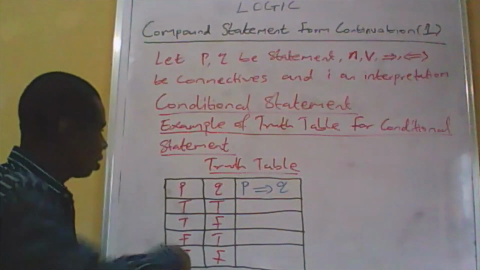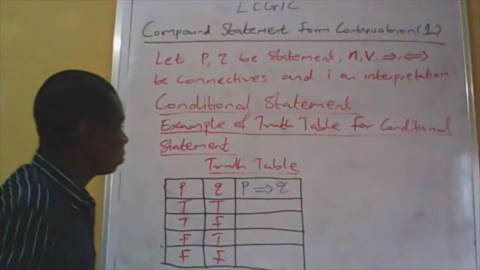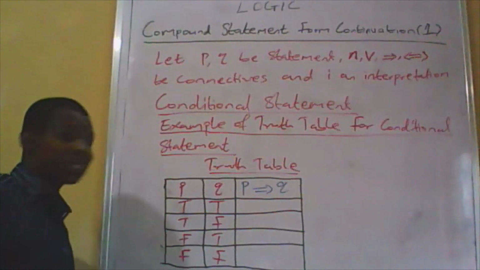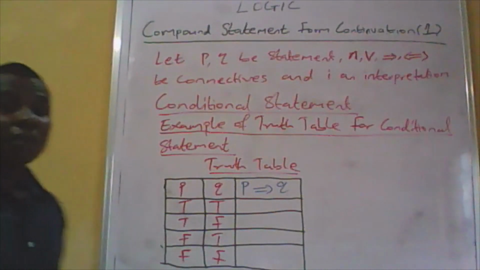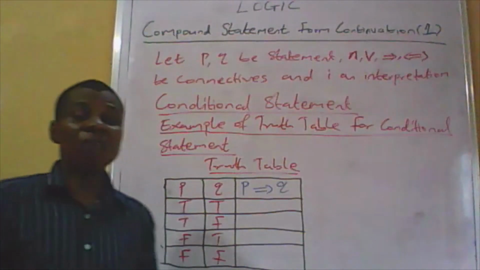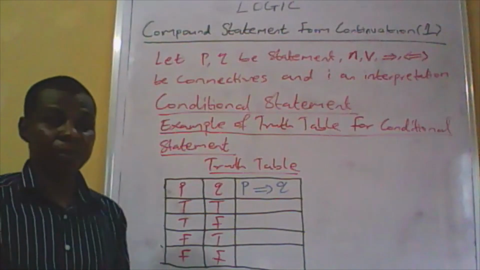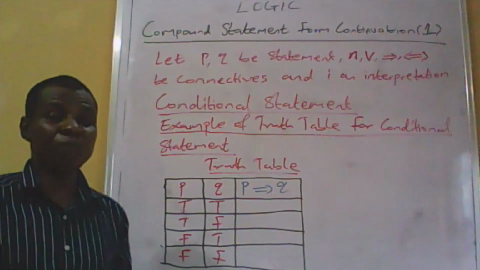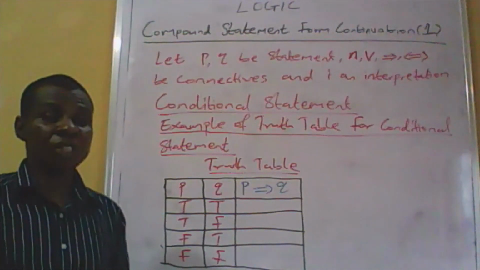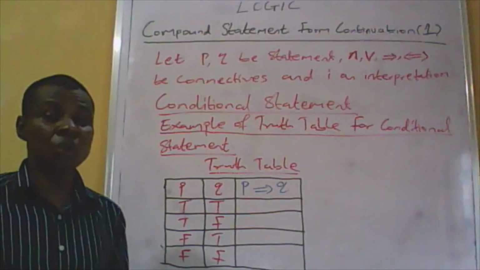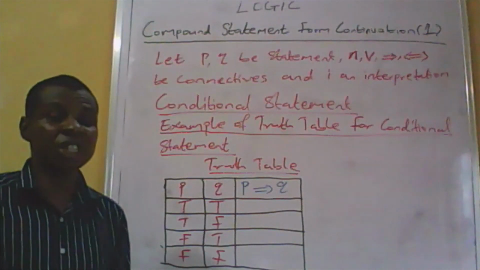Let's go to the valuation. Now, we say that we can have the statement to be false if I assign P to T and assign Q to F. That's the only time we can have false in that statement.